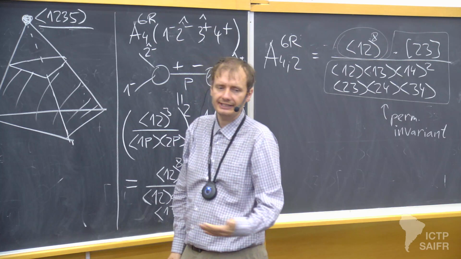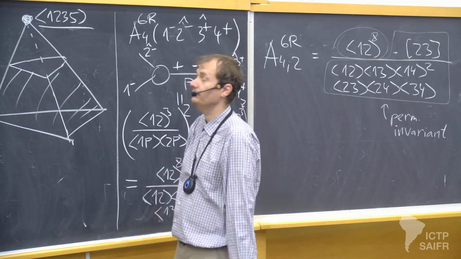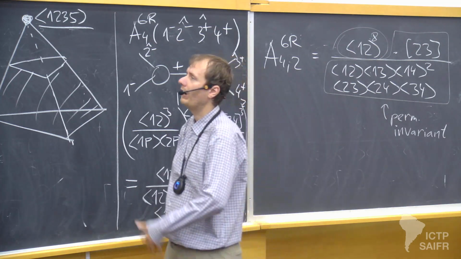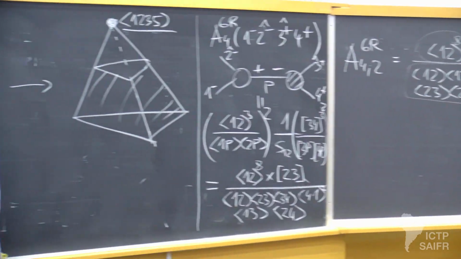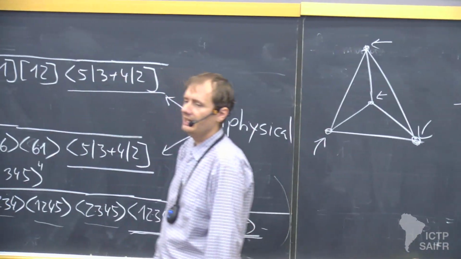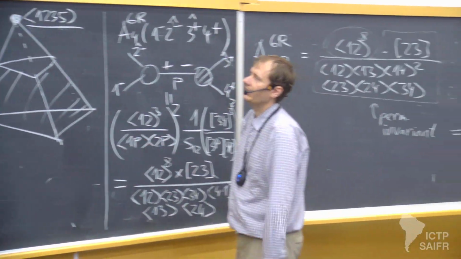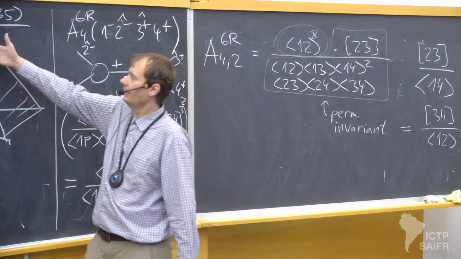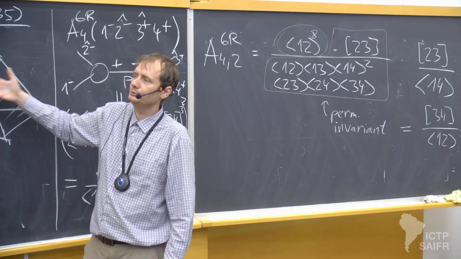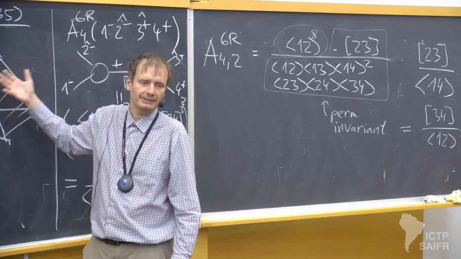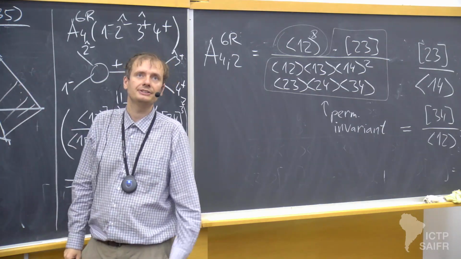Now, you can break it into pieces. You can triangulate the geometry. One triangulation gives the BCFW recursion relations. Another triangulation gives Feynman diagrams. The triangulation that gives BCFW breaks the object into two pieces. The triangulation that gives Feynman diagrams breaks the same object into 220 pieces.